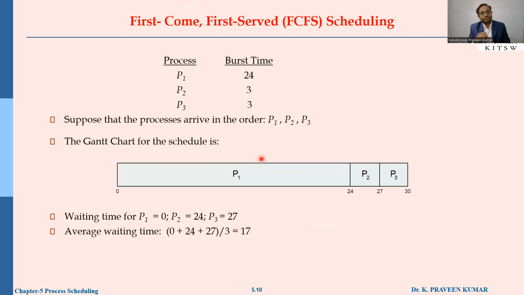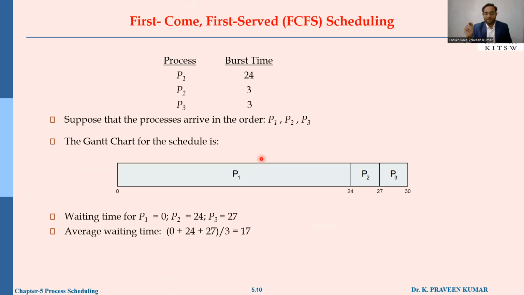Here in the first come first serve scheduling algorithm, if there are n number of processes, the process which comes first to the CPU can utilize the CPU first. Now we will take one example, P1, P2, P3.